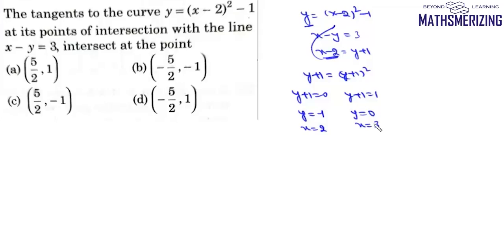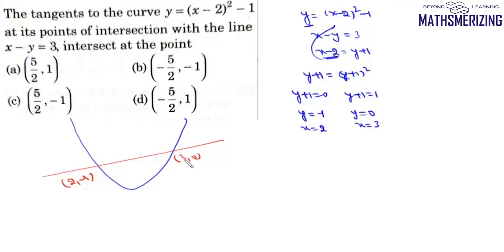So this parabola intersects this line x minus y equals 3 at 2 comma minus 1 and 3 comma 0.